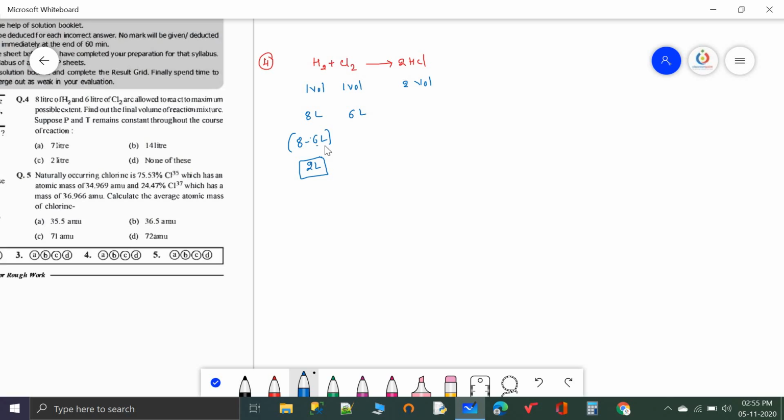Now 6 liters of hydrogen combines with 6 liters of chlorine and produce 12 liters of HCl. But they asked about the volume of the complete reaction mixture. Reaction mixture means hydrogen and HCl together. So total volume becomes 14 liters. Hence option B is correct.